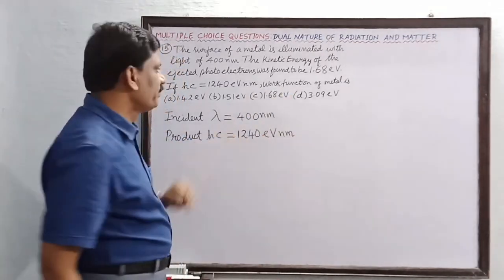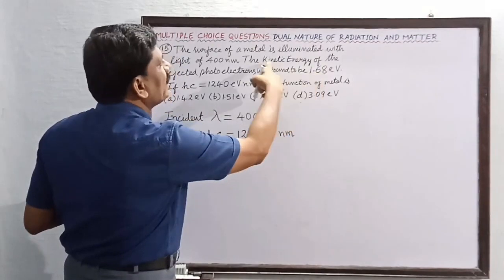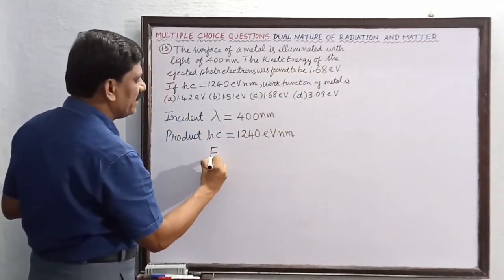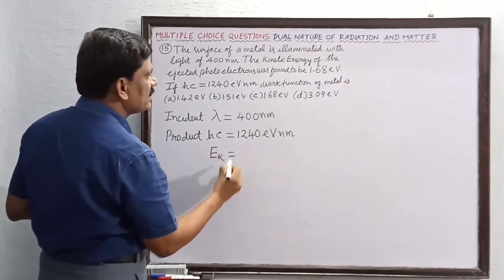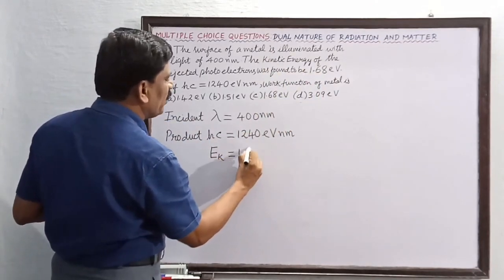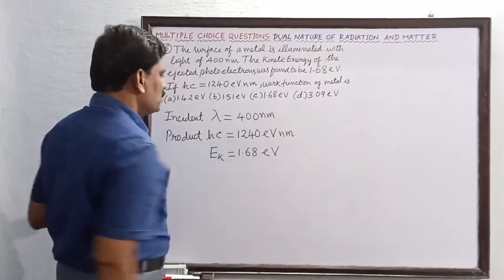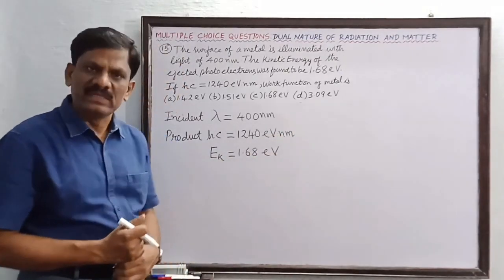Then the kinetic energy, E kinetic, is equal to 1.68 electron volt. So these are the three given quantities, students.